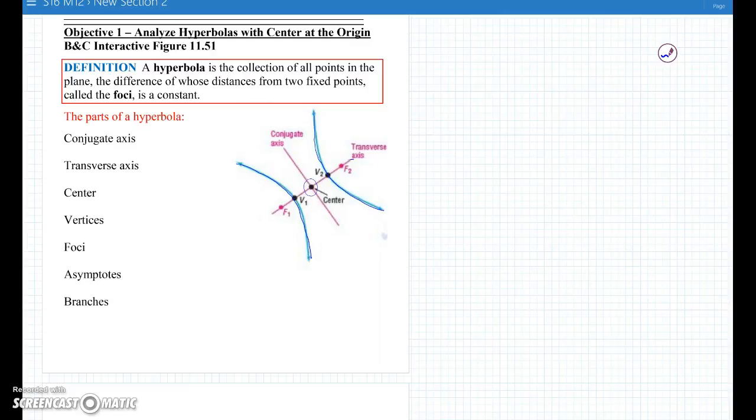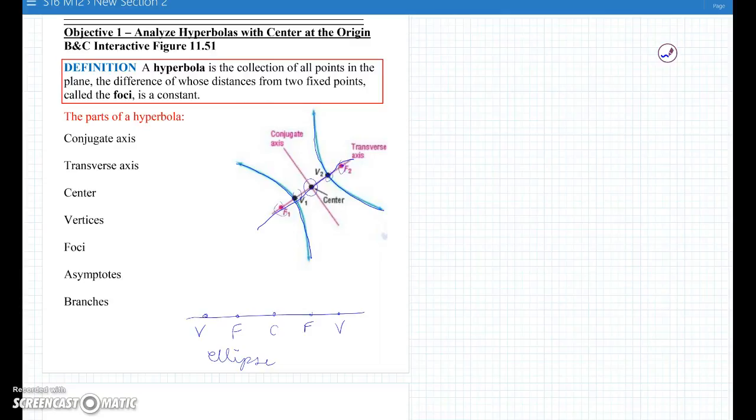The hyperbola has a transverse axis that goes through focus, vertex, center, vertex, focus. So remember, with the ellipse, it went vertex, focus, center, focus, vertex. So this is a little different order: focus, vertex, center, vertex, focus.